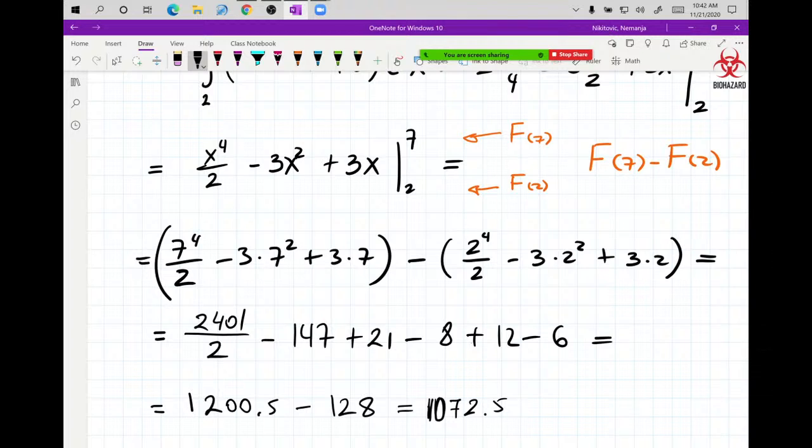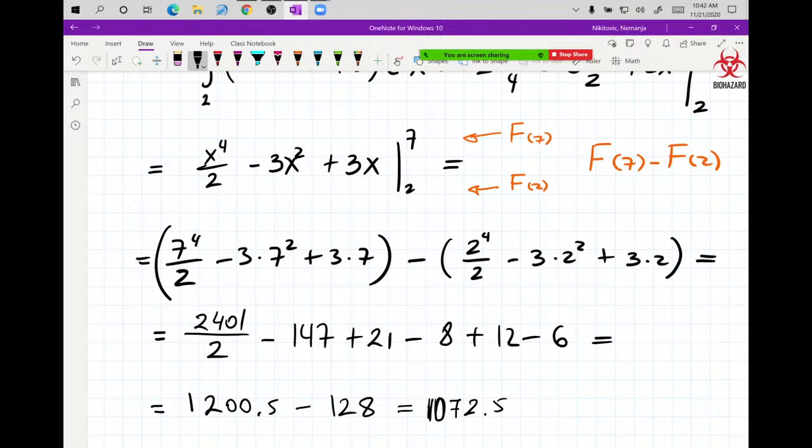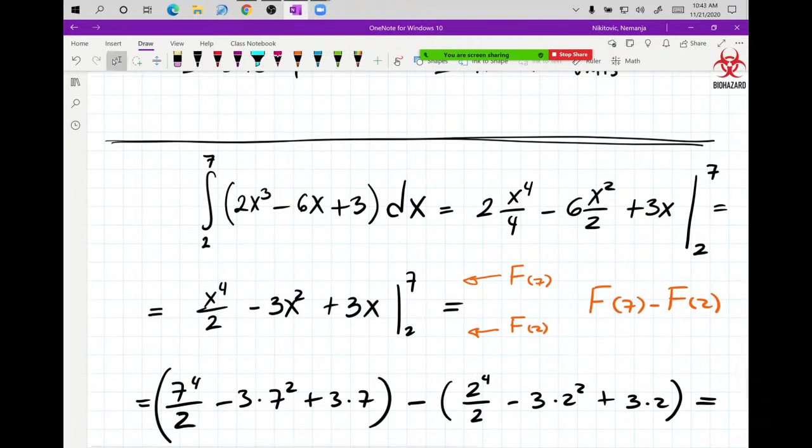So 7 to the 4th, yes, divided by 2, yes, minus 3 times 49 plus 21 and then minus 8 and plus 12 and minus 6. 1072.5. Calculator confirms this.